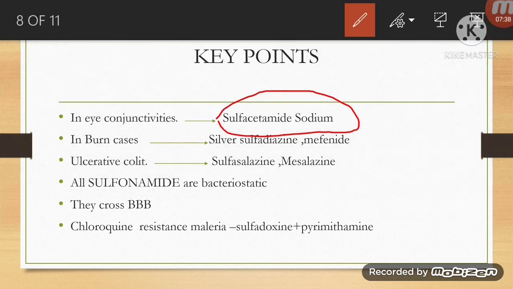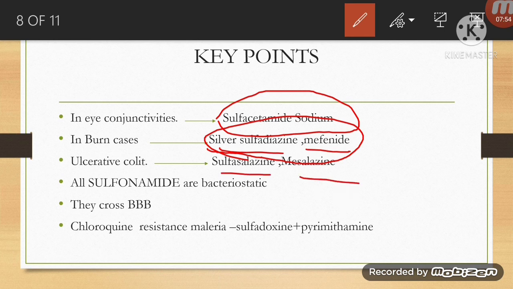In burn cases, we use silver sulfadiazine and mafenide. We also have sulfasalazine and mesalazine. All sulfonamides are bacteriostatic, and they cross the blood-brain barrier. In chloroquine-resistant malaria, we use sulfadoxine and pyrimethamine, a combination form.